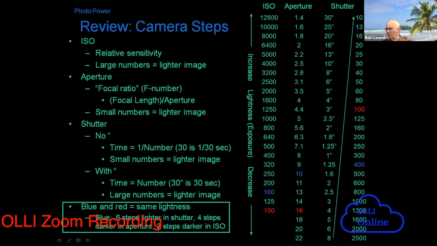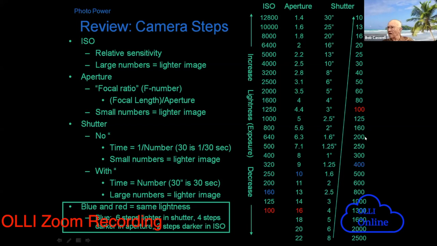So if I'm at 1/400th here, and I go 3 steps up, which means 3 steps slower shutter speed, 3 steps more light, that would be 1, 2, 3. That's a factor of 2, and indeed that's 200th of a second, which is twice as long as a 400th of a second. 3 steps here is always a factor of 2.